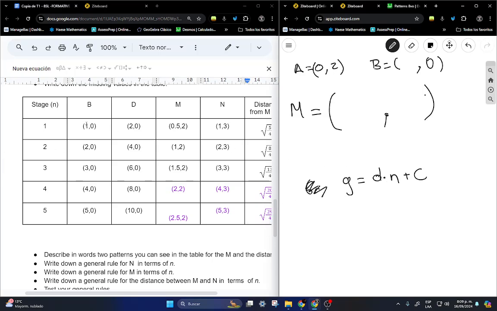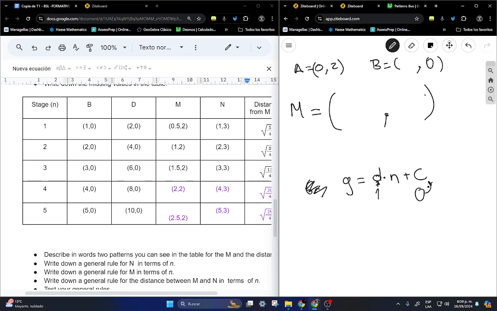What is the difference in this case? The difference is 1. And what is the complement? Remember, the complement can be found at position 0, which in this case, stage 0, is 0. If we go back one position, it would be 0.